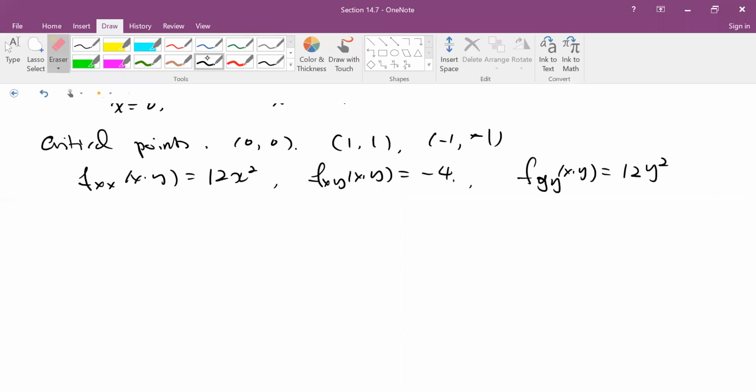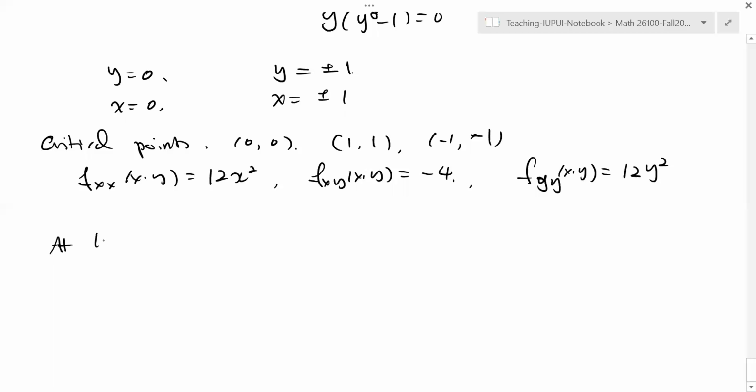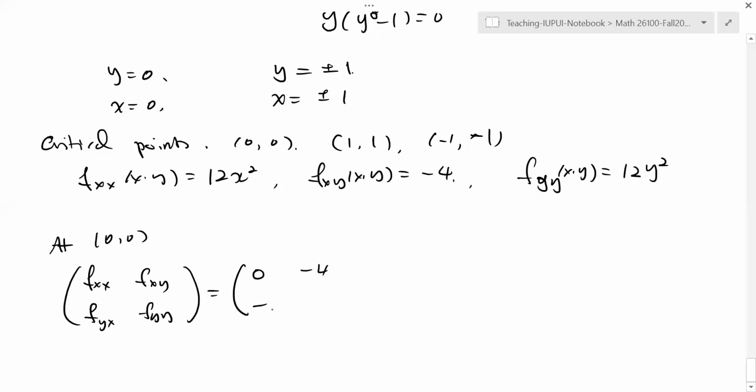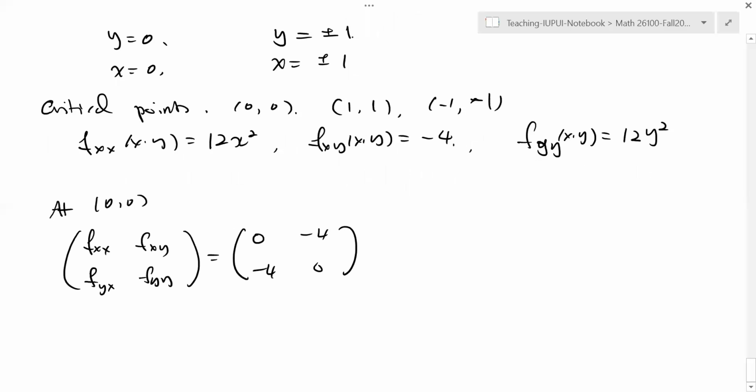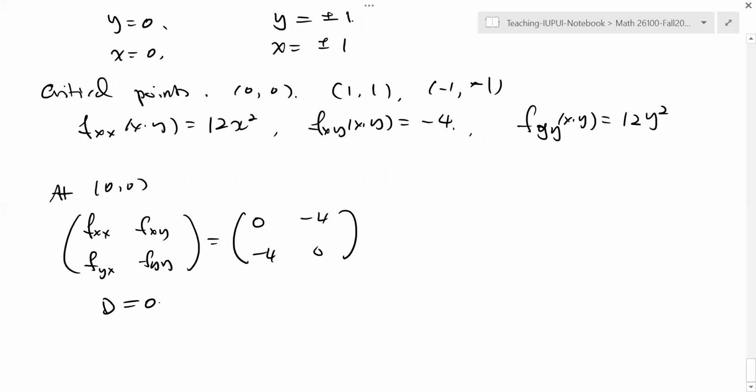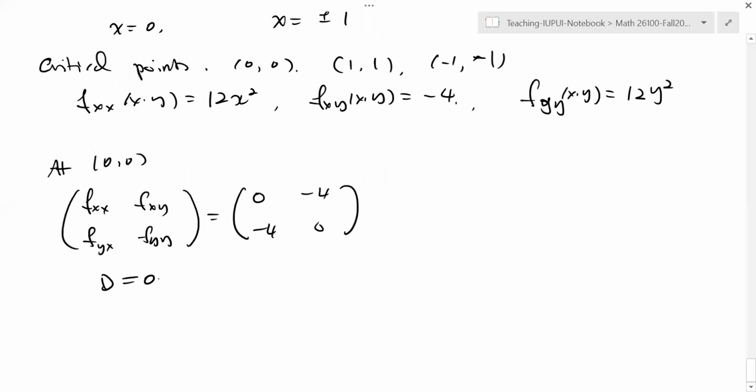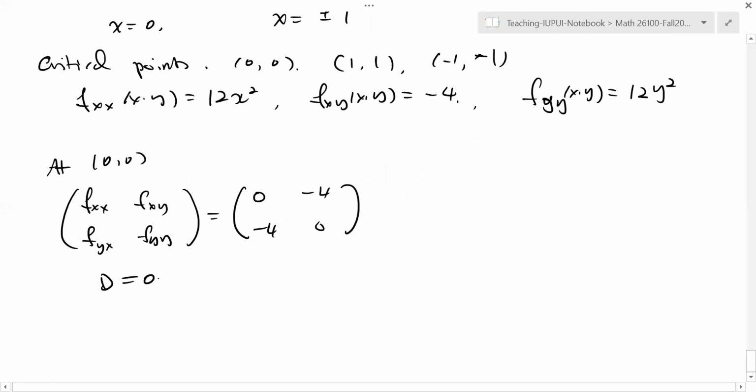At the point 0, 0, this matrix is going to be, when x equals 0, that's a 0, and it's negative 4, negative 4, 0. Unfortunately, in this case, D is 0. I cannot say anything about that. The matrix is not definite.